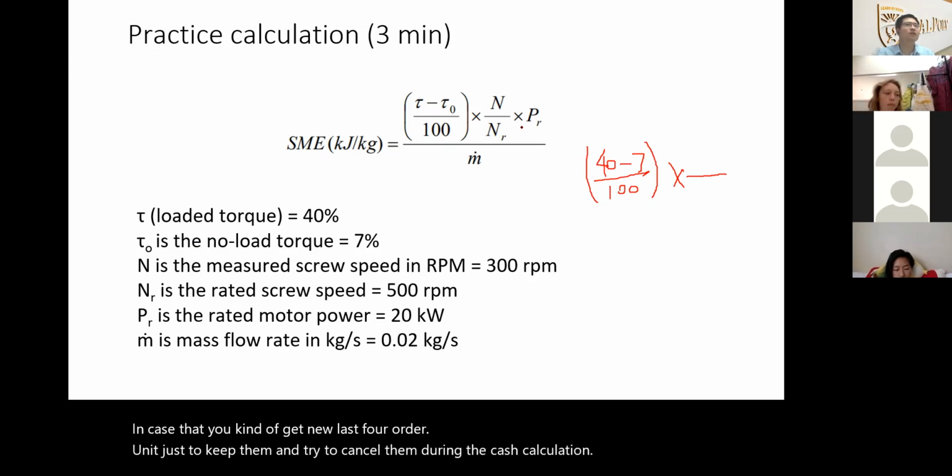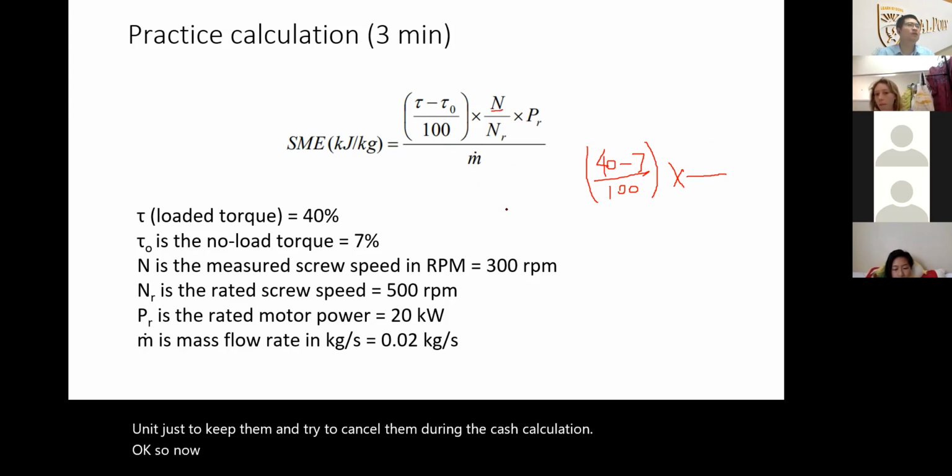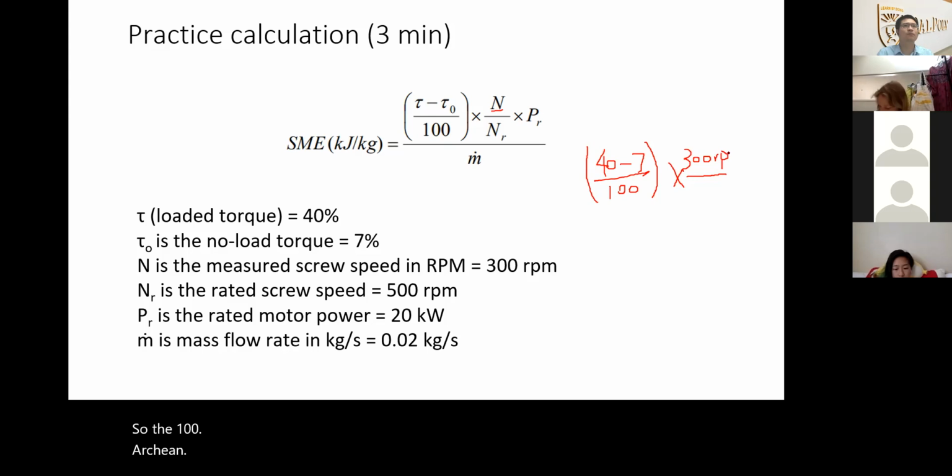Then we plug in n, which is 300, the measured screw speed. So 300 RPM, and on the bottom we have 500 RPM.